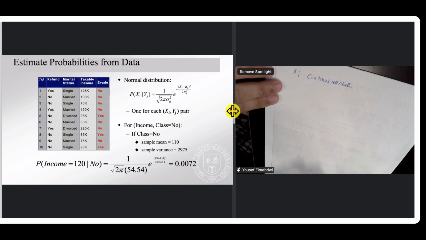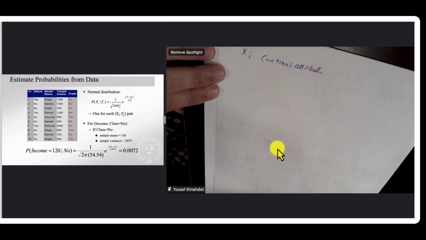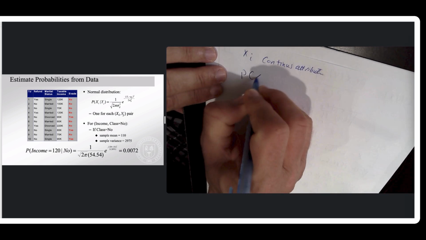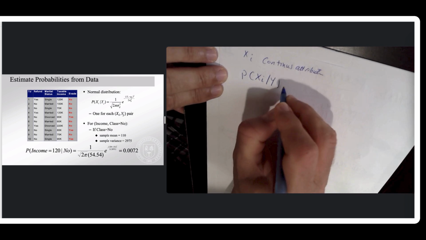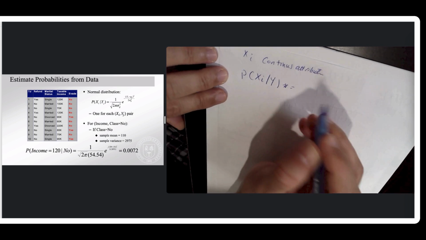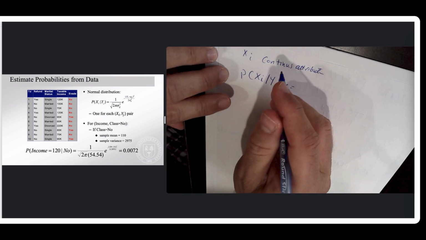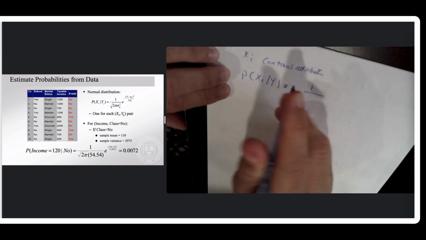So in this case, I need to compute the probability of xi given y, which is equivalent. I can't say equal, but because it's an estimation, we're going to say equivalent. 1 over sigma square root of 2 pi. We have many ways to write this formula, right?